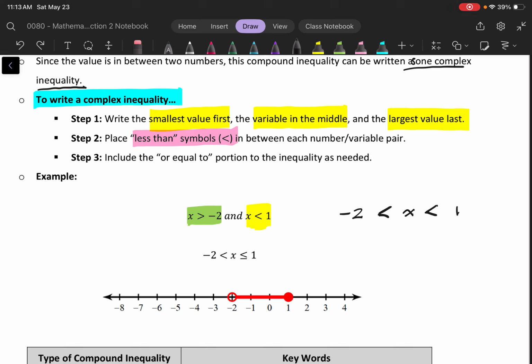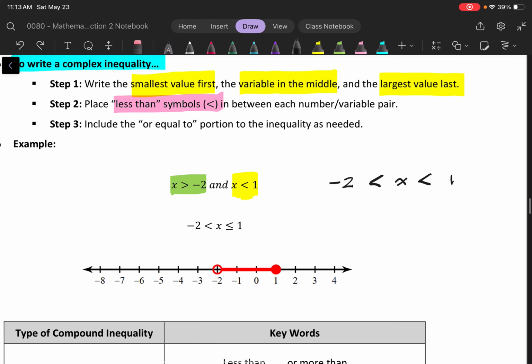The last thing we have to do is decide if we have a filled in circle or an or equal to portion, or if we do not have an or equal to portion. And I'm noticing here, Miss T ended up making a mistake in her answers as well. Because if I'm taking a look, I have the or equal to portion with the 1. So I have a filled circle, so or equal to portion, which means the mistake that I made is this.